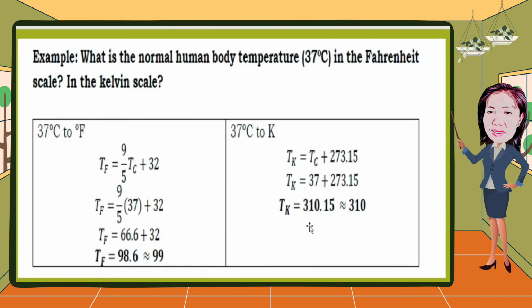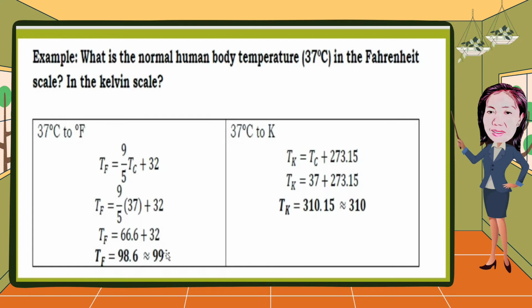310. Very good. So that's the answer for Kelvin. But you need to round off this one to a whole number. What's the value in a whole number? 310. Yes. But don't forget to write the unit. 310 Kelvin.